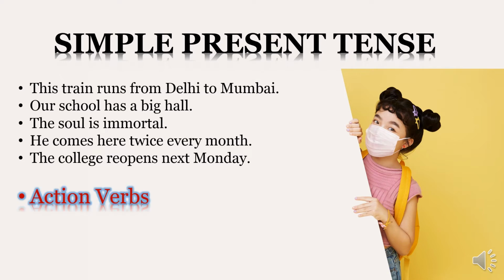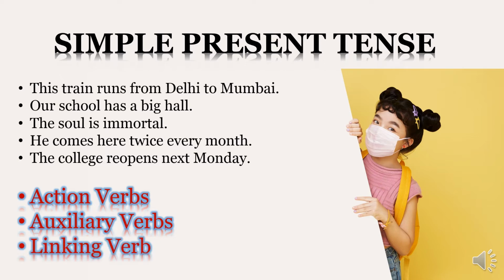Like we can use action verbs in simple present tense, we can use only auxiliary verbs. Auxiliary verbs we can use with main verbs that we will discuss. Linking verbs, we can use linking verbs alone. What are auxiliary verbs, what are linking verbs, and what are action verbs, how we can use them in the simple present tense?